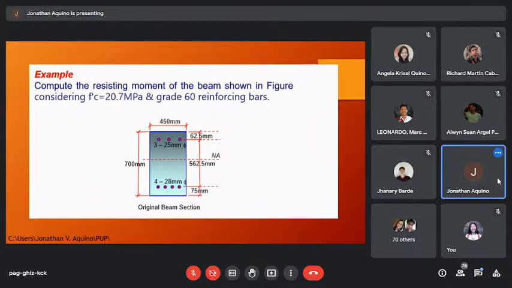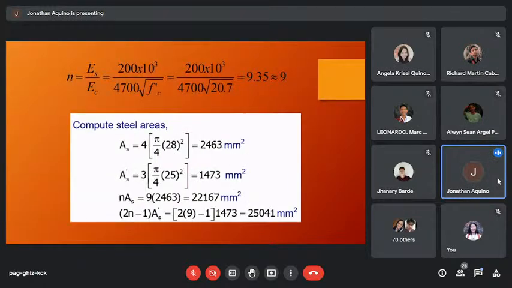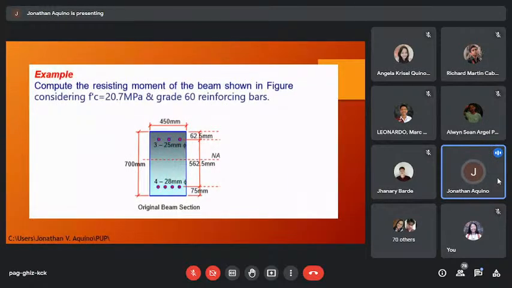So, just like for the single reinforced rectangular beam, using the transform area, so ang ginagawa lang is yung compression steel, transform natin into equivalent concrete. Okay? So, same true with the tension reinforcement. So, for the tension reinforcement, N times AS.